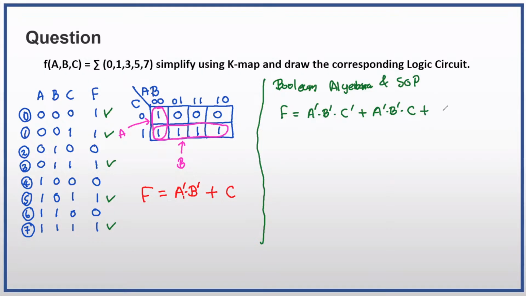The next one, A dash, B, C. Next, A, B dash, C. This one, A, B dash, C, plus the last one, A, B, C. So let's see how to simplify this.